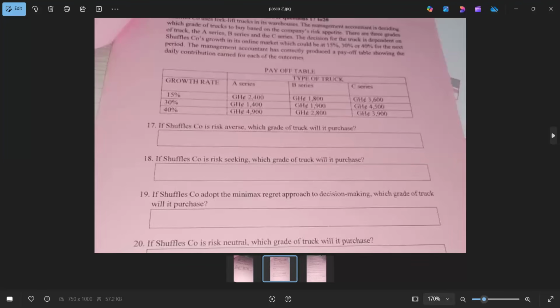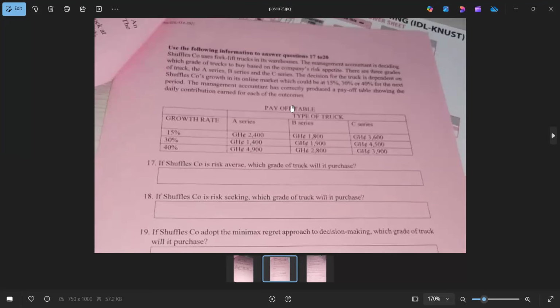Okay. So let's read the question together and know what it's asking you to do. Once you read the question and it is a profit, then when you say it's risk averse, it is the maximin you'll be using. But if it is a loss question, then you'll be doing the opposite, which is what? The minimax. So you say Shuffle Co uses forklift trucks in its warehouse.